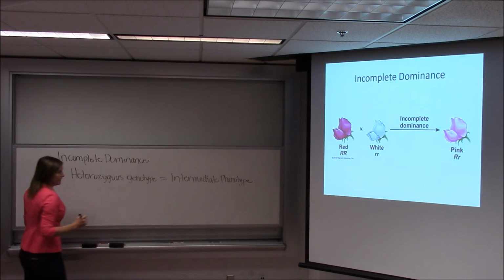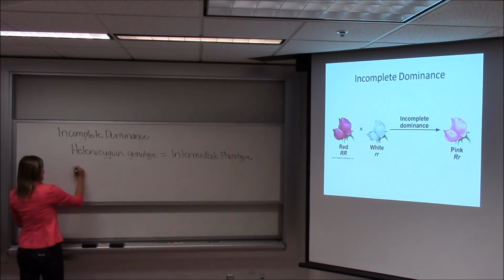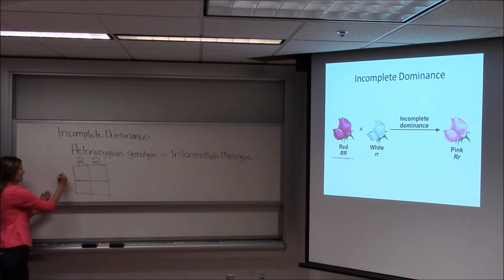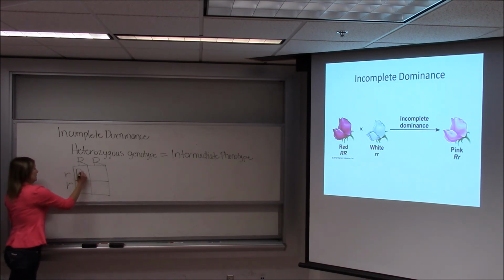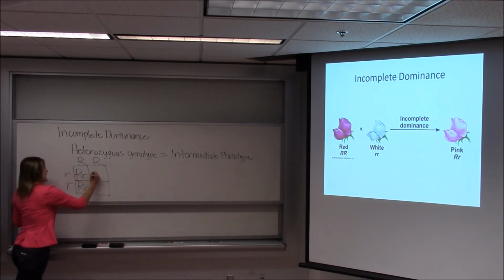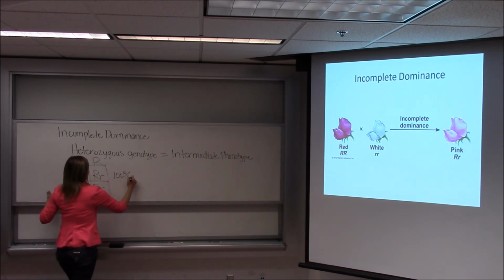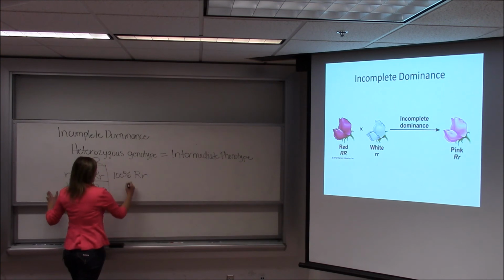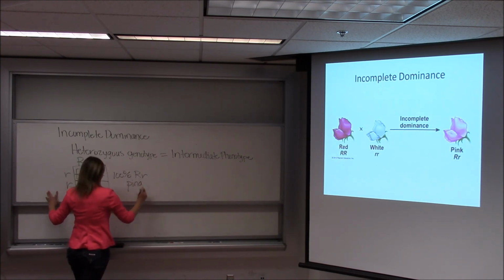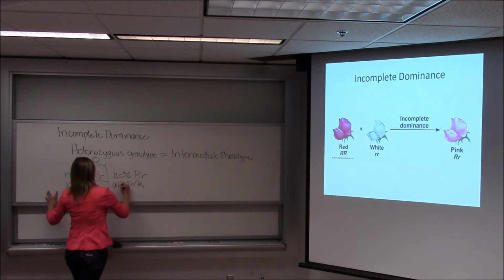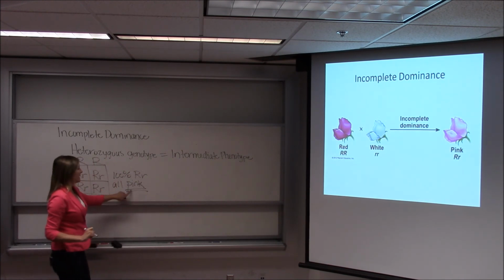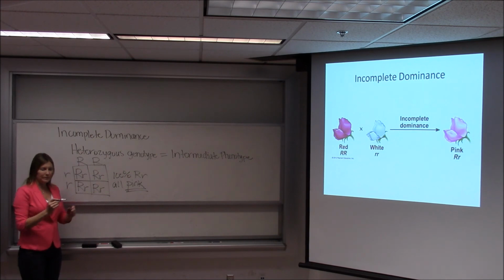Again, the example is red flowers and white flowers. So if the red was big R, and the white was little r, all of our offspring are going to be heterozygous. So 100% heterozygous, and they're all pink. That would be an intermediate phenotype.